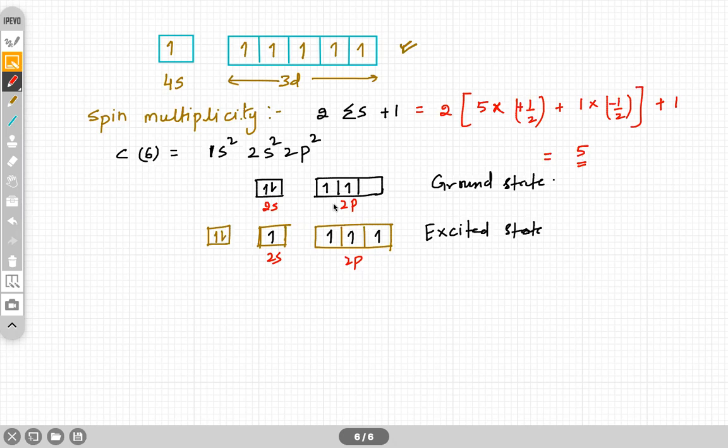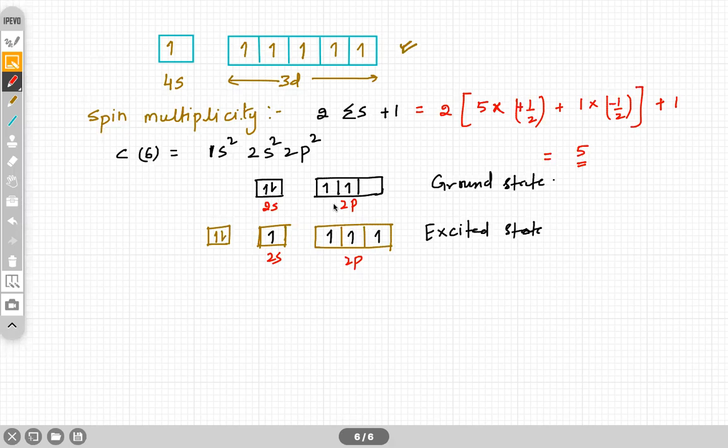See, transition of electrons takes place in the same subshell, first of all. Right, transition of electron takes place in the same subshell. Within the second energy shell, transition takes place. I'm not talking about chromium and copper here.